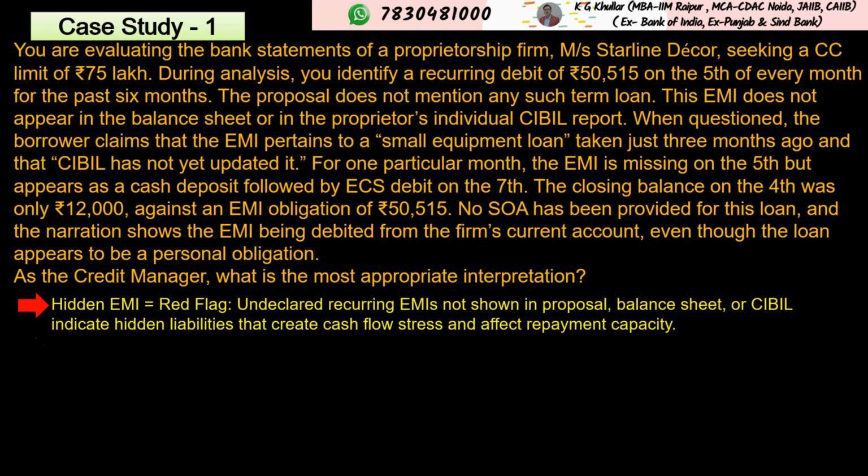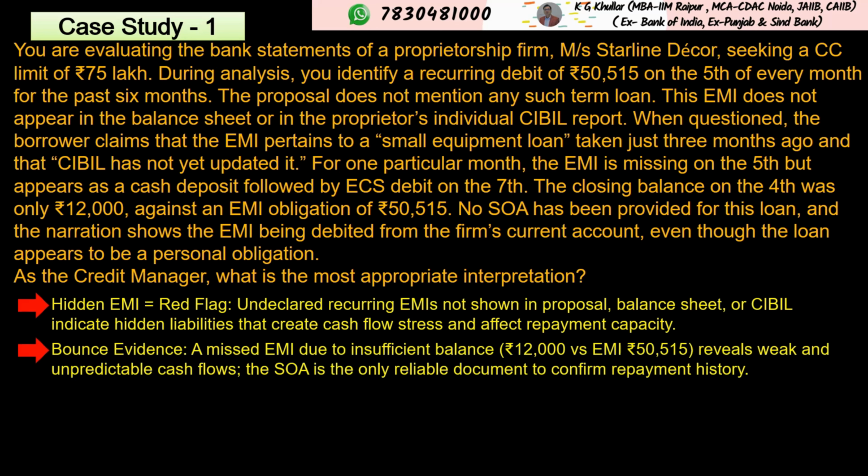In this case, the EMI of 50,515 is recurring month after month and in 1 month it is missing. When you check the balance on the previous day and you find only Rs 12,000 available against an EMI of 50,515, it clearly indicates that the EMI does not clear because of insufficient balance. This means there was a bounce and the borrower later deposited cash to cover it.